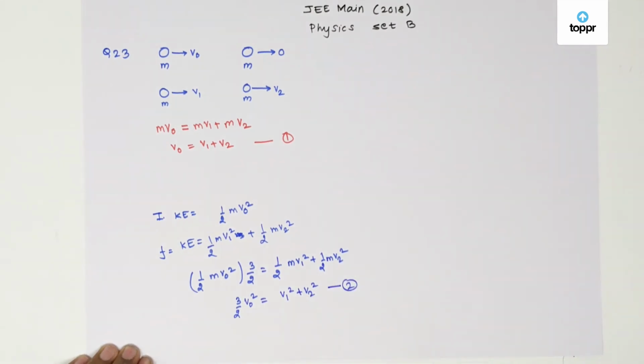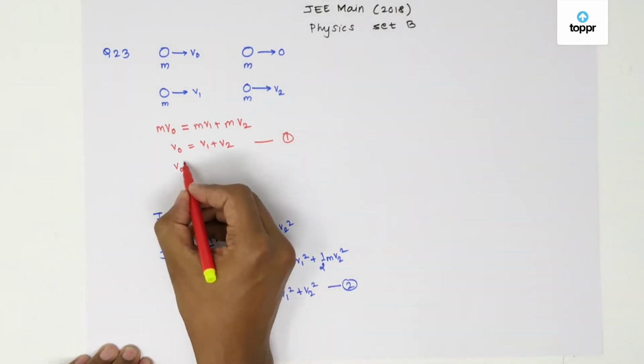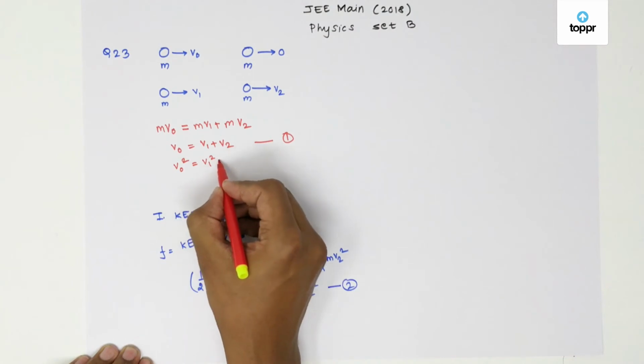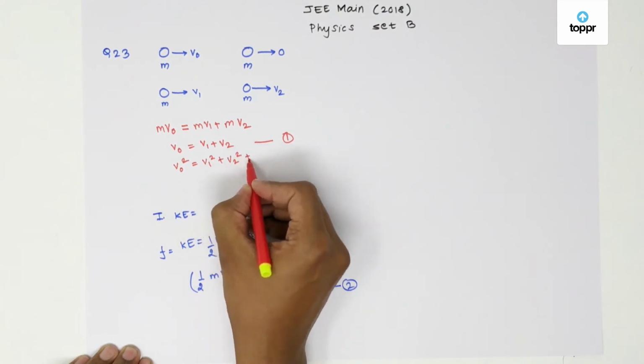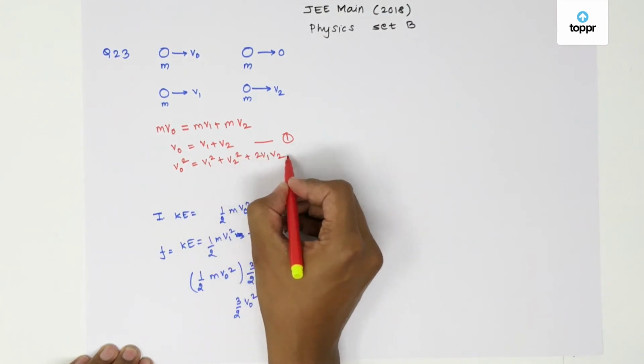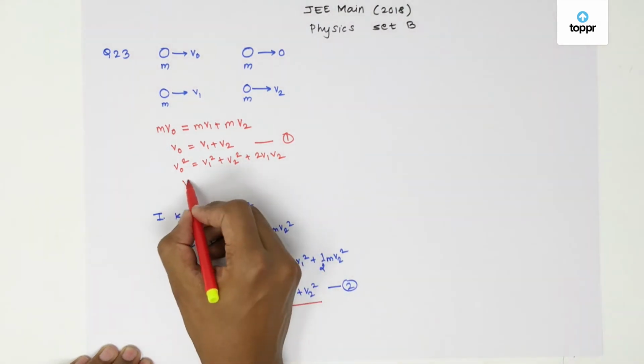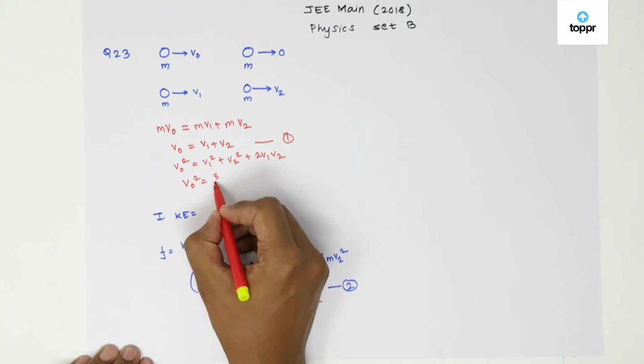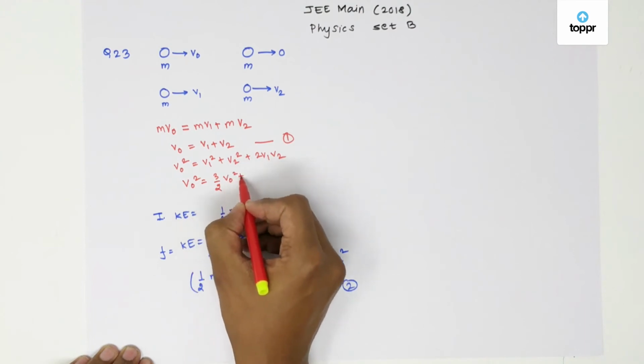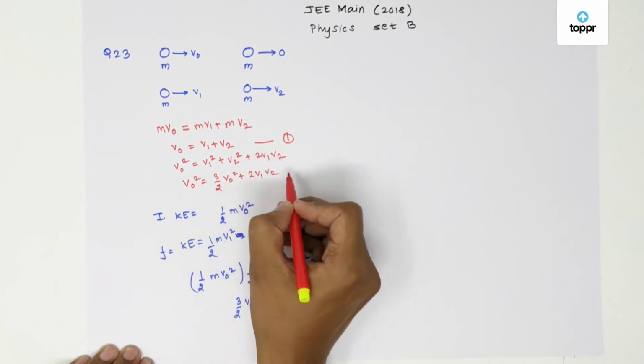Now if I square the first equation, I get v0 square is equal to v1 square plus v2 square plus 2v1 v2. Now I have the value of v1 square plus v2 square, that is 3 by 2 v0 square. I'm going to put it here. So v0 square is equal to 3 by 2 v0 square plus 2v1 v2.